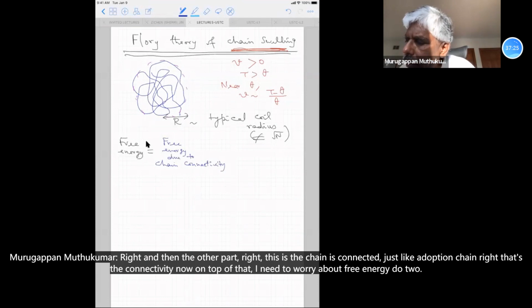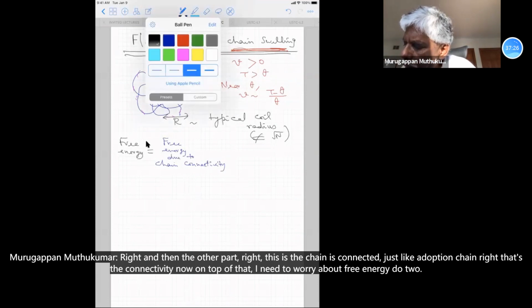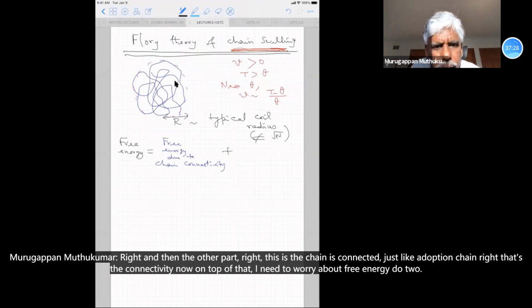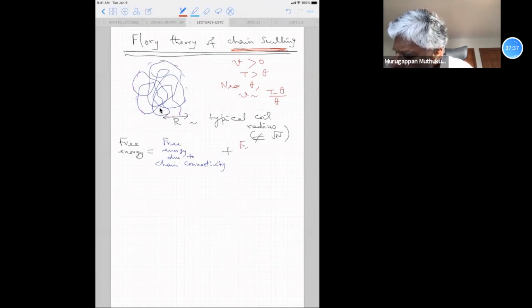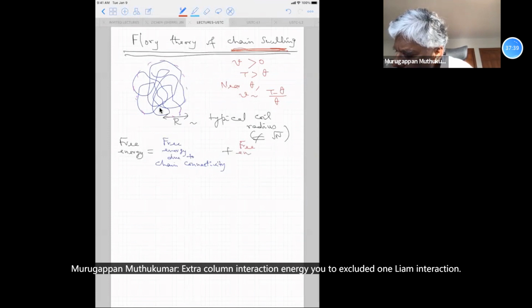The chain is connected just like a Gaussian chain. Now on top of that, I need to worry about free energy due to excluded volume interaction.